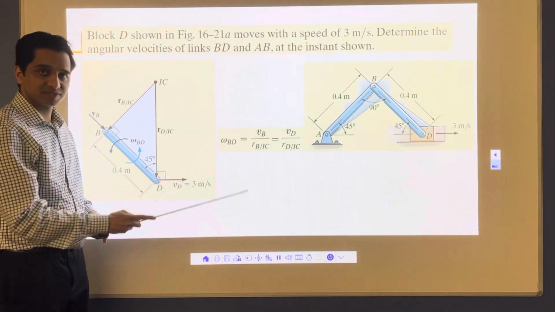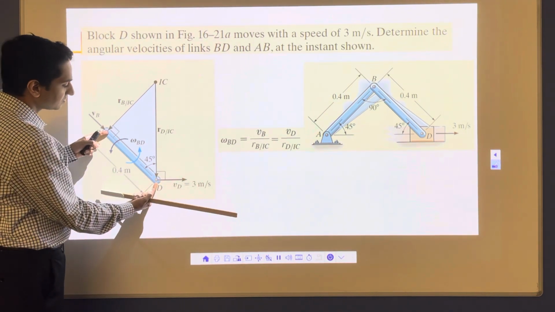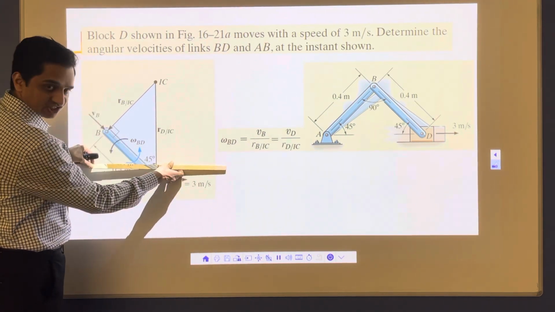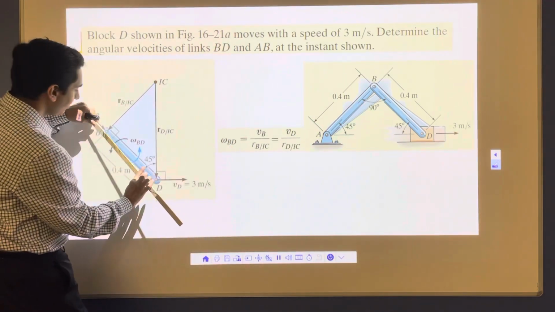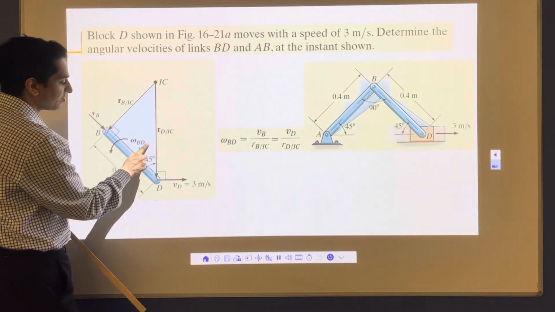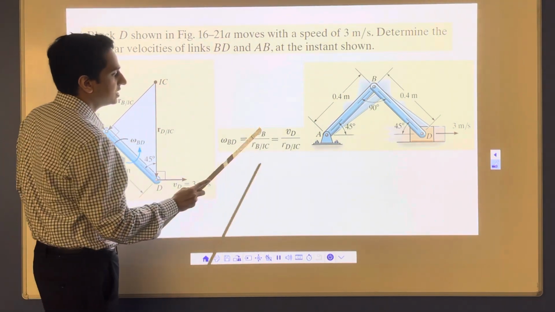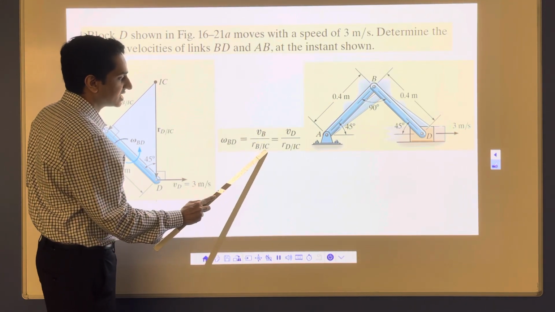Because of this equation. These two points have different positions, meaning they are going through some kind of rotation. It means omega_BD, the angular velocity of link BD, is equal to V_B divided by R_B/IC.